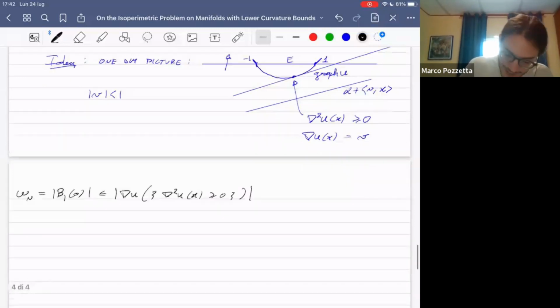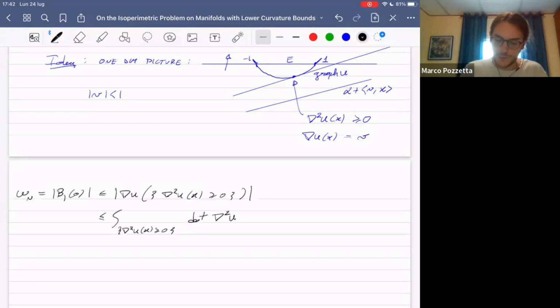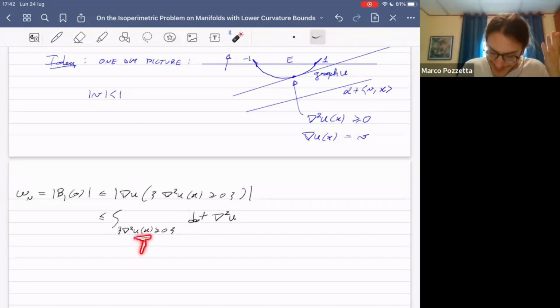But now this is less than or equal, by the change of variable formula, to the integral over the set where the Hessian is non-negative of the determinant of the Hessian of u. And I don't need to put an absolute value here because I am exactly on the points where the Hessian is non-negative definite.